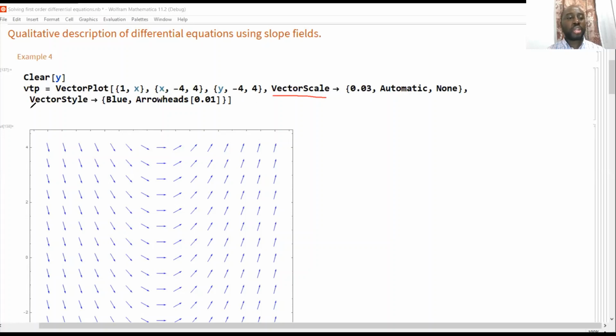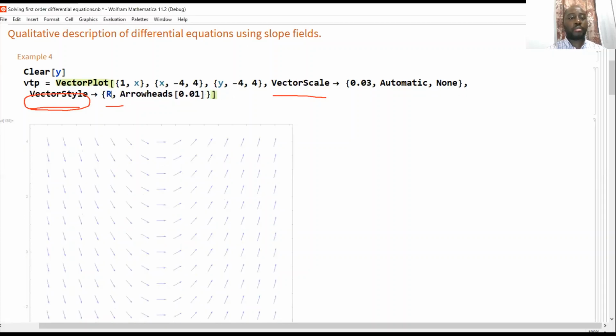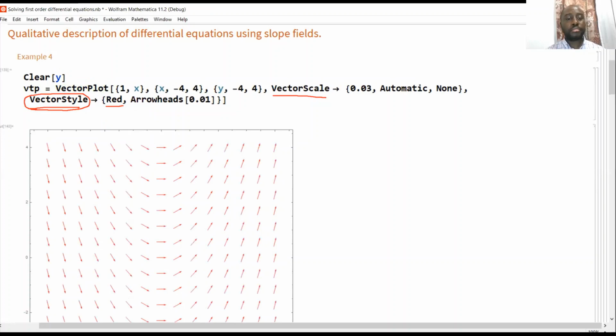The next option is more of aesthetics. The option is the vector style, and you can use the vector style to change, for example, the color of the vectors. So if I don't want them to be in blue, I can decide to change them to red, and then all my vectors will be in red. I can also play with the size of the arrowheads.